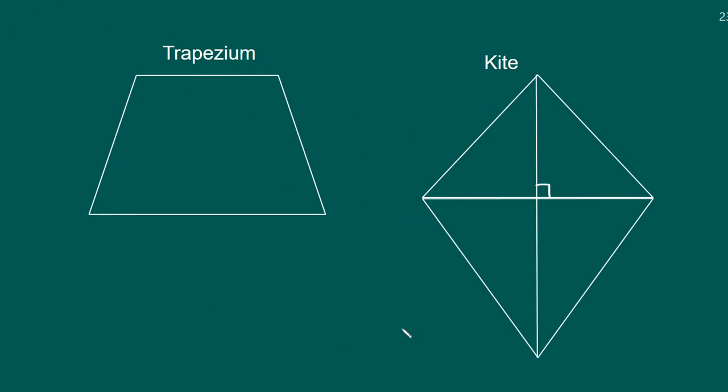Good. Then obviously there are other shapes that we should know, like a trapezium. A trapezium is nothing special. One property about it is that one pair of opposite sides are parallel, right?